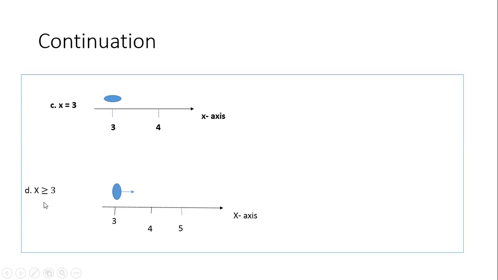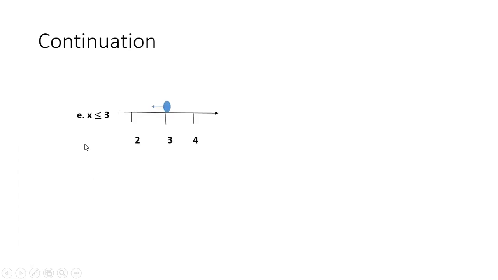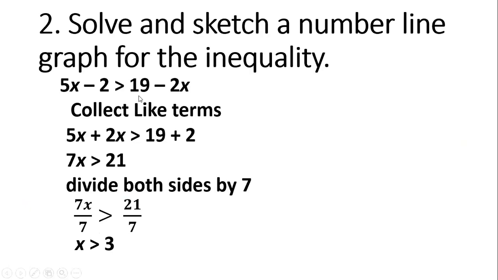We start with greater than: x greater than or equal to 3. It is equal to 3, so it's shaded, and greater than, so it moves towards 4, 5, and so on. The next one, E, is x less than or equal to 3. If it is equal to 3, it's shaded. If it's less, it goes towards 2, 1, 0.